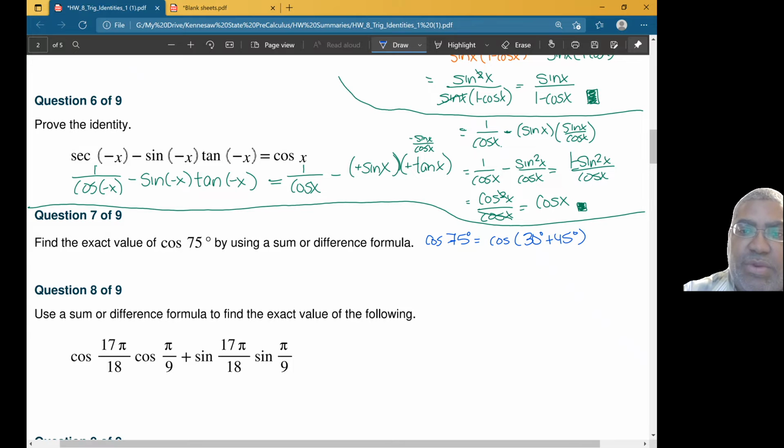So cosine of 30 plus 45, x plus y or a plus b, whatever your formula sheet has. This is cosine of 30 degrees, cosine of 45 degrees, minus sine of 30 degrees, sine of 45 degrees.